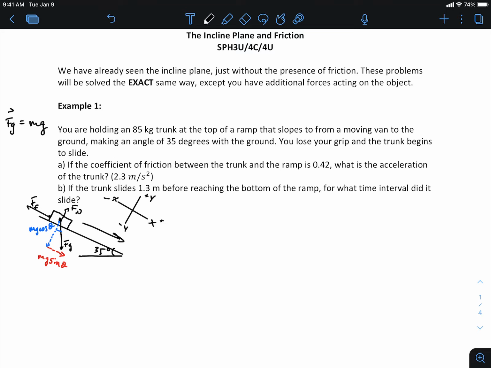Now, just before we get too carried away, we learned in our friction lesson from yesterday that the force of friction was two parts.